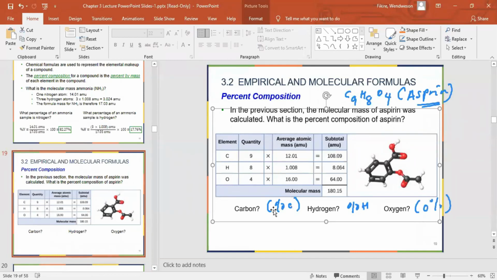The way we do this, first we need to find the molecular weight of aspirin. Can anybody tell me the molecular weight of aspirin? 180.15. It's right here, 180.15, right? So the percent of carbon would be the mass of carbon, which is going to be 108.9 divided by 180.15 times 100.